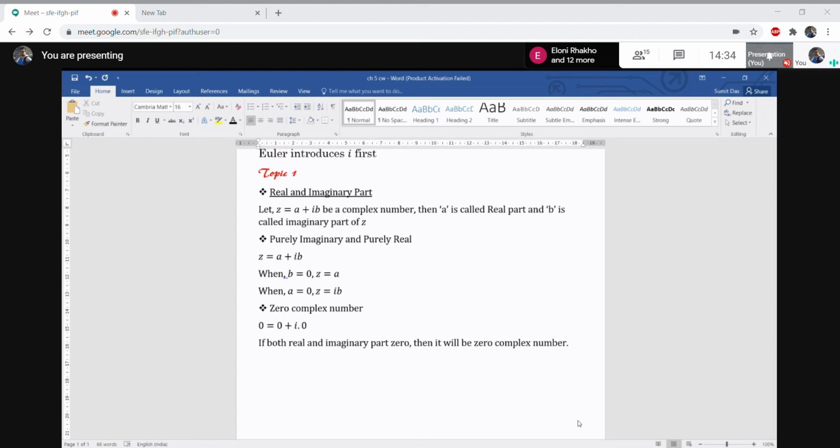Now we learn the complex number. Now we have to learn a few things: the algebra of complex numbers. Okay, before going to the algebra, let me show you something.